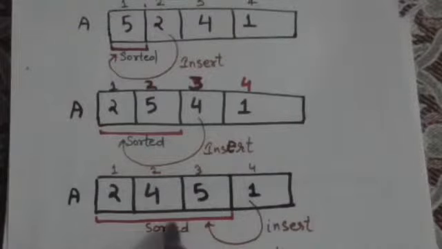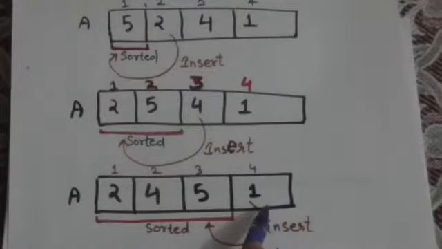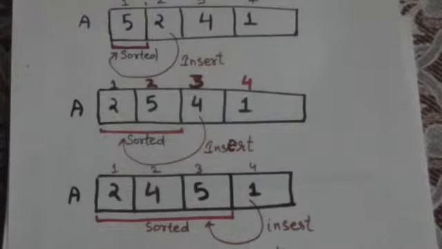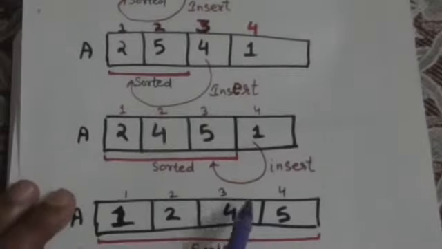Now see the fourth element, that is the last element of the array. It is 1. All elements which are at the left of this element in the array are already sorted. Now this element 1 will be inserted at the proper place in these sorted elements. Element 1 is the smallest element among these elements, so it will be inserted at the first position in the array.